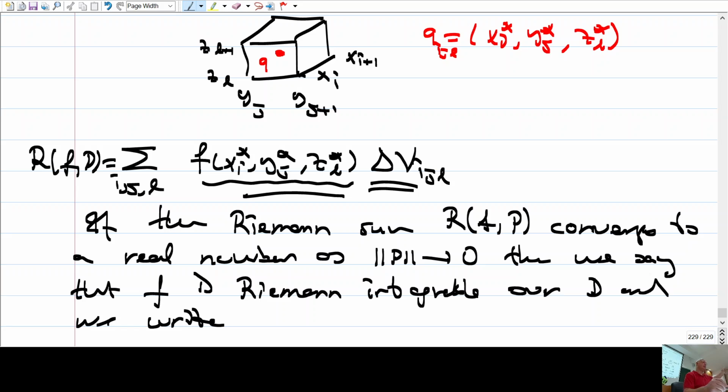Adding these up gives an approximation for the mass of the object. Then you keep repeating this with finer partitions, dividing into even smaller pieces to minimize the error. If the limit exists as the norm of P goes to 0, the number you obtain is the mass of the object.